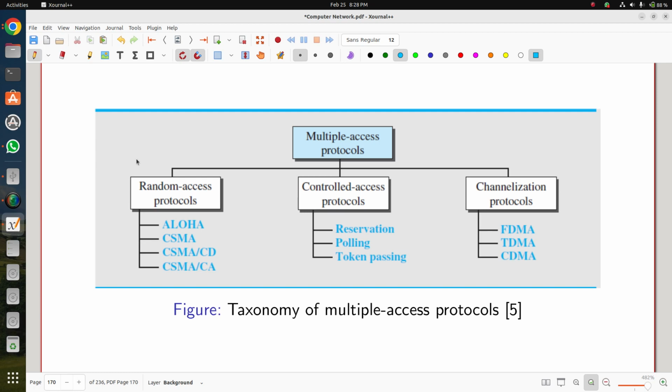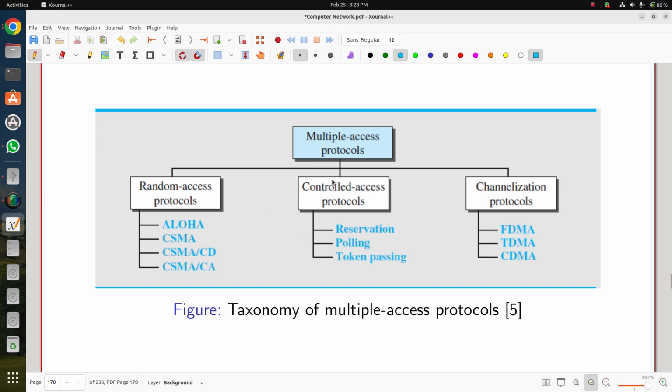There may be scenarios where you have to wait or compete for a chair. Some chairs may be empty, but a lot of people are there attempting to grab that seat. Such an approach is known as the random access approach. There are protocols that follow this approach.